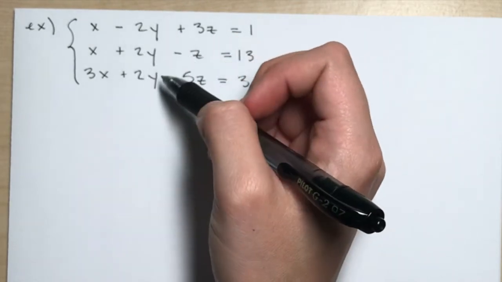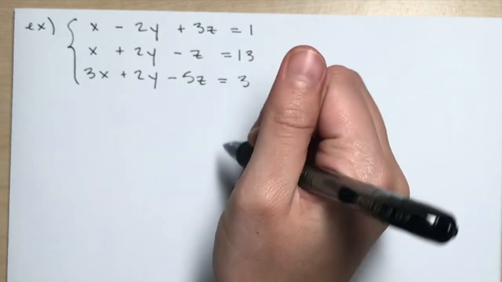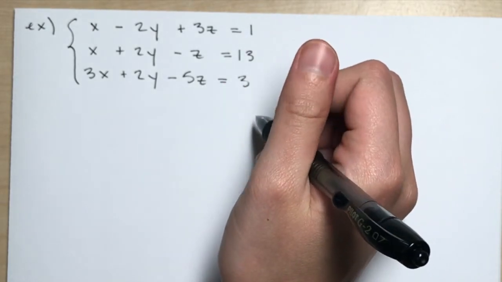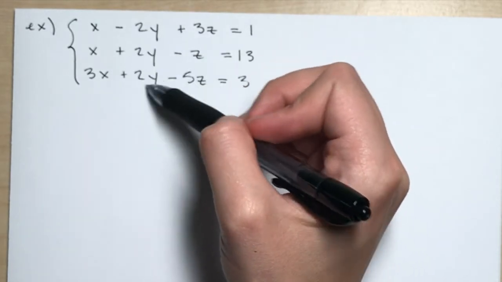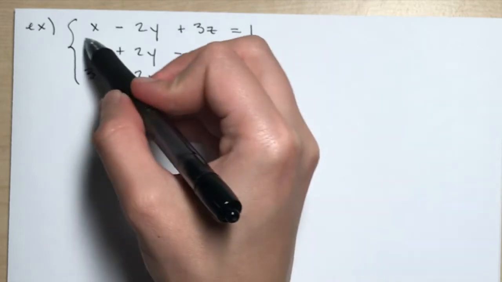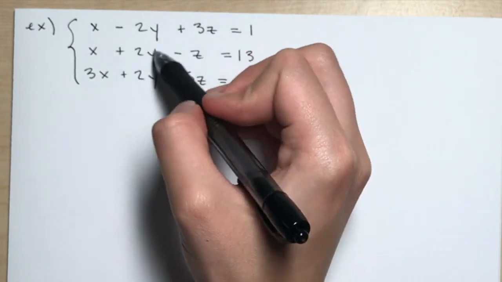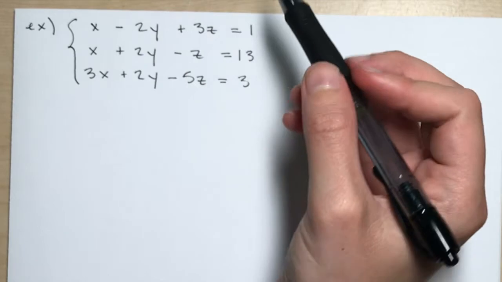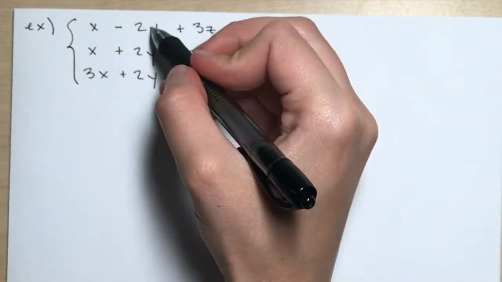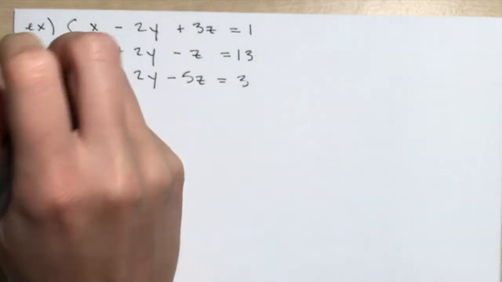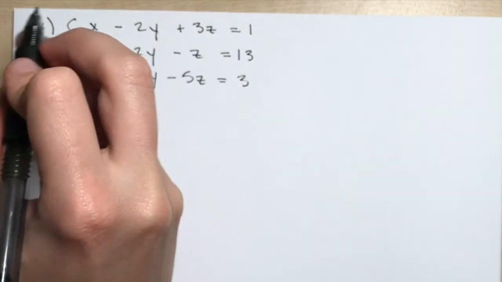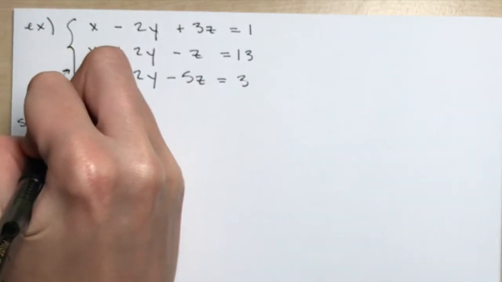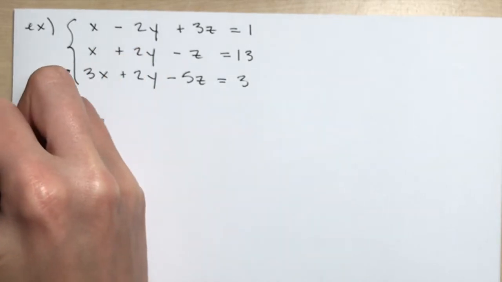Remember, in order to use elimination, we have to have the same coefficient with opposite signs. It looks like we're set up to eliminate y here, right? If we add this equation to this equation, the y's are going to cancel here. And if we add this equation to this equation, the y's are going to cancel here. So we're set up to eliminate y.